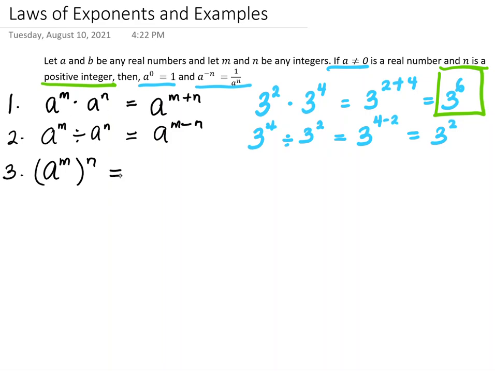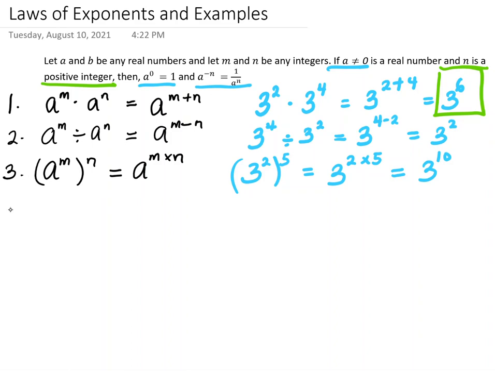This law says that we multiply the powers, that is A raised to the power M times N. For example, if we have 3 raised to the power 2, then everything raised to the power of 5, we multiply the exponents, which is 3 raised to the power of 10.